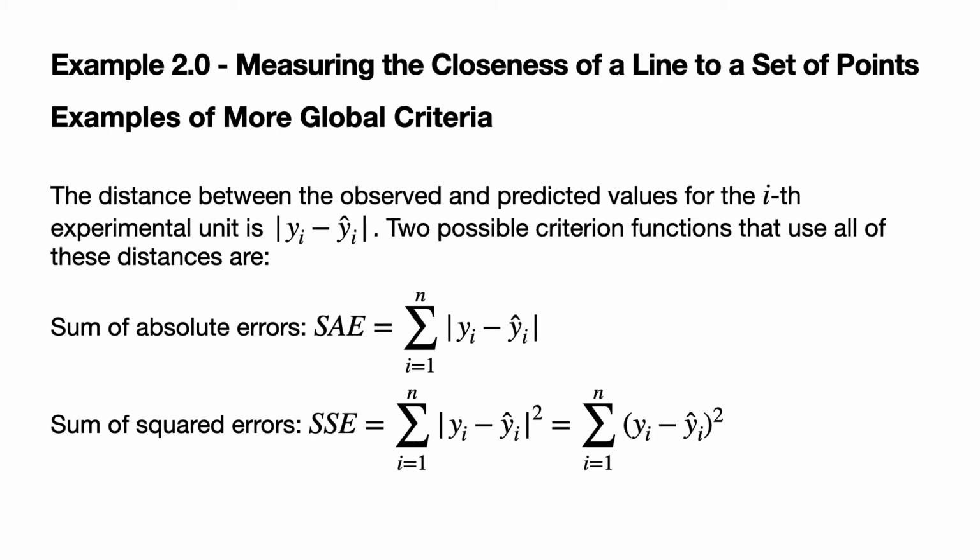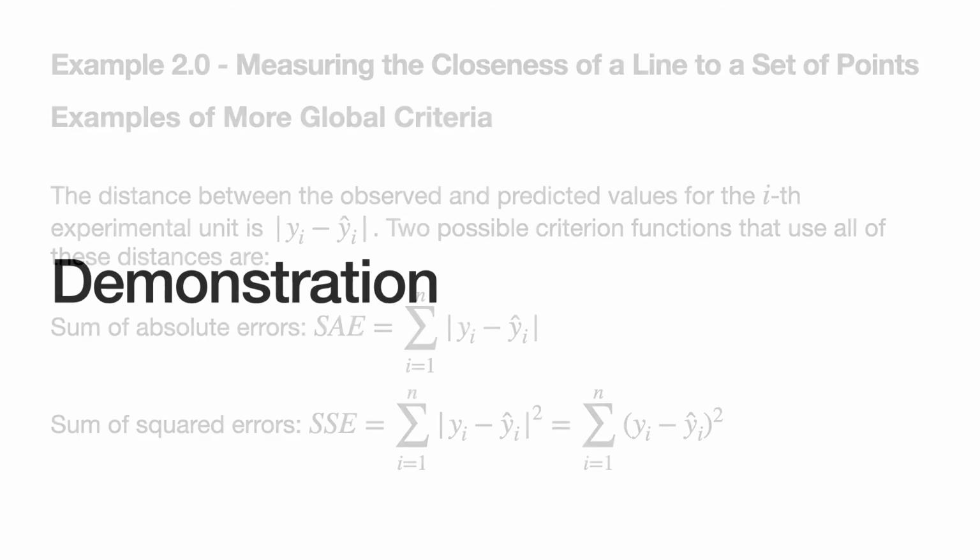In other words, we would want to find a line that minimizes the sum of absolute errors. And we would want to find a line that minimizes the sum of squared errors. And so let's do that for this data set. All right, we'll have a demonstration of this, and then we'll come back and wrap up the lecture.